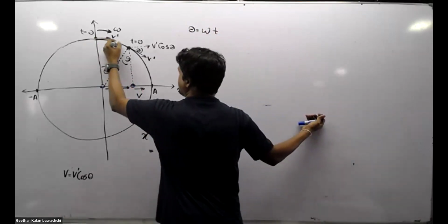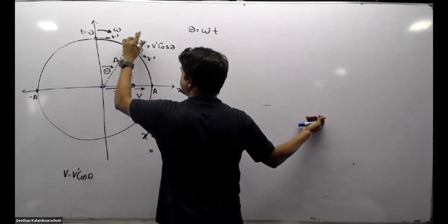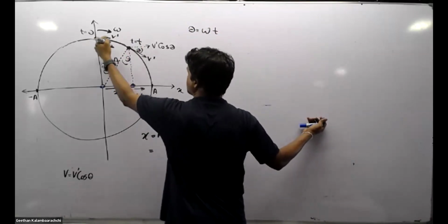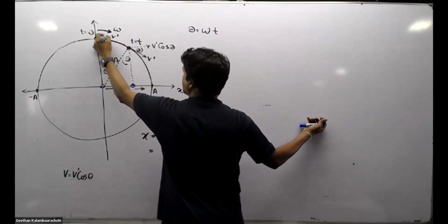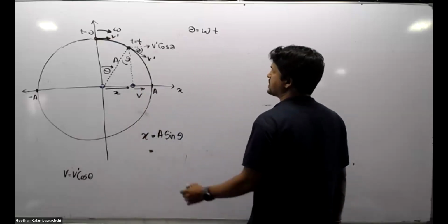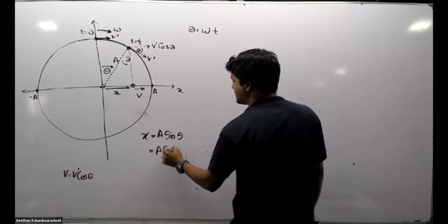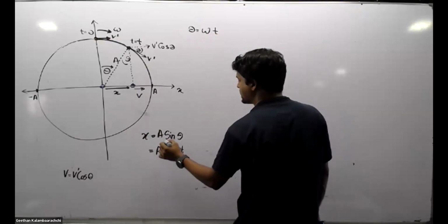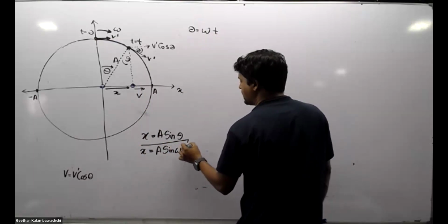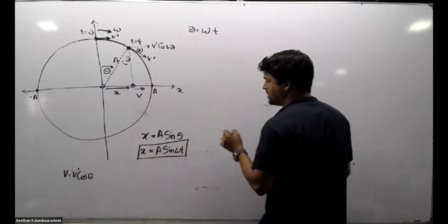Because it has taken t amount of time to come from here to here. So you can say theta is equal to omega t. A sine omega t is equal to x. Now this is your first equation in simple harmonic motion.